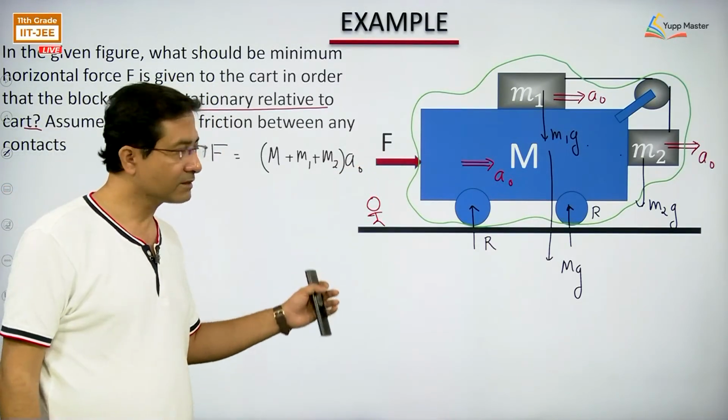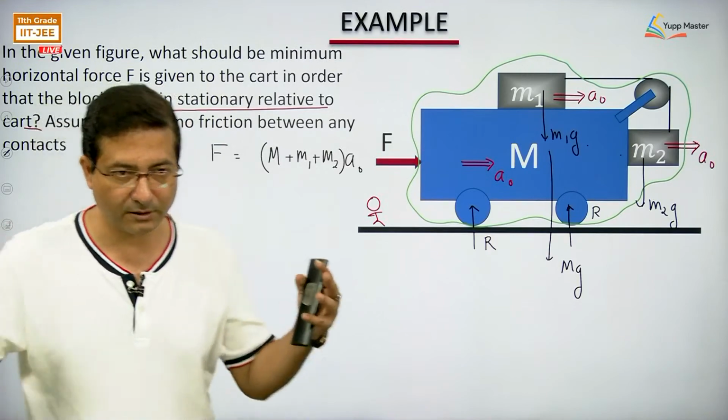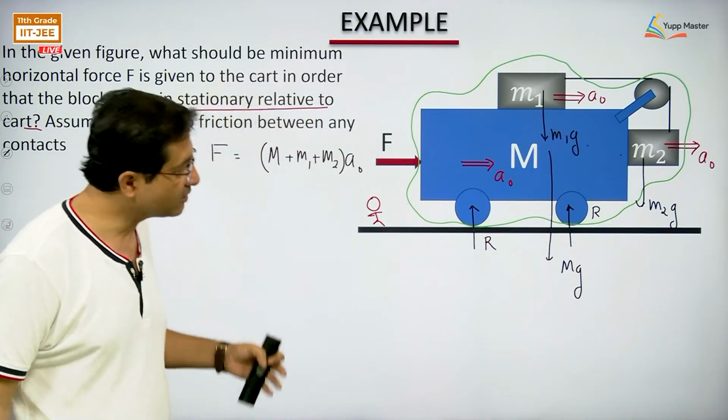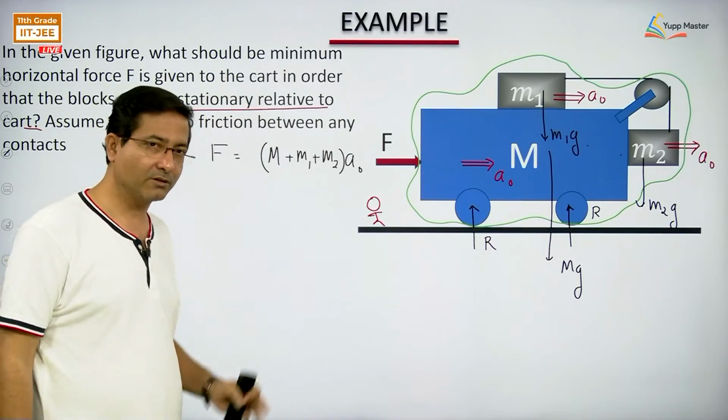So a person standing on the ground observes that all three move in the forward direction with acceleration A naught. For that I wrote the equation.